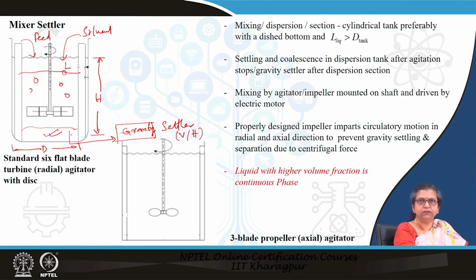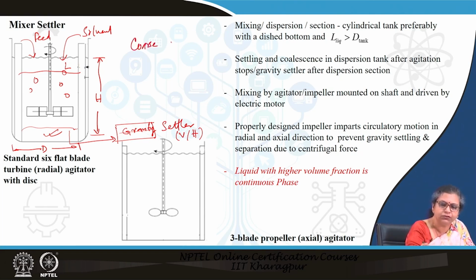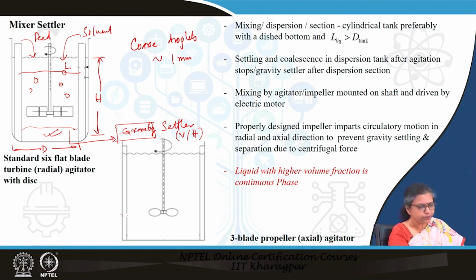As I have mentioned, we would not like to go for very fine droplets, because although they give proper mass transfer, they take a very long settling time. The smaller the droplet, the greater the settling time. So for extraction purposes, we would like to opt for droplets whose sizes are around 1 millimeter, and based on that the settler is designed.